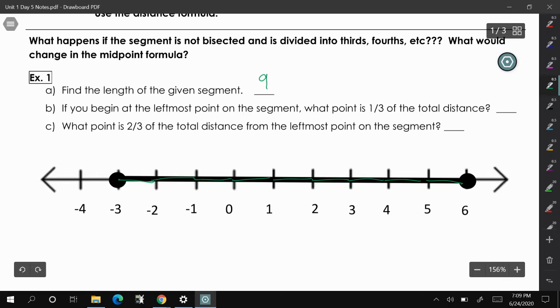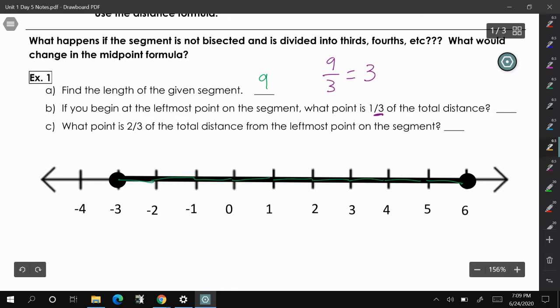Now for letter B, it says if you begin at the leftmost point on the segment, what point is 1/3 of the total distance? Well, because it says 1/3, let's find out what that would be. So the length is 9, divided by 3 is 3. So 1/3 of this segment is 3 units.